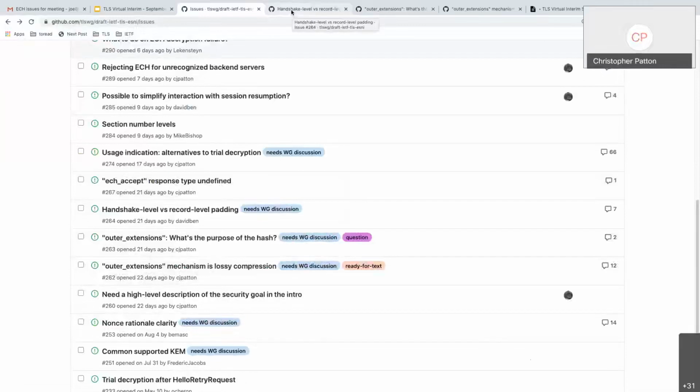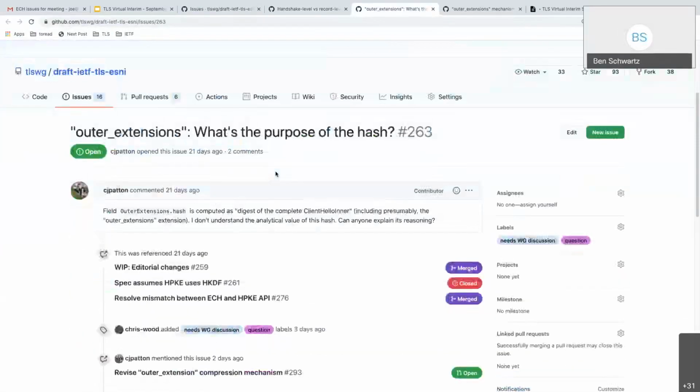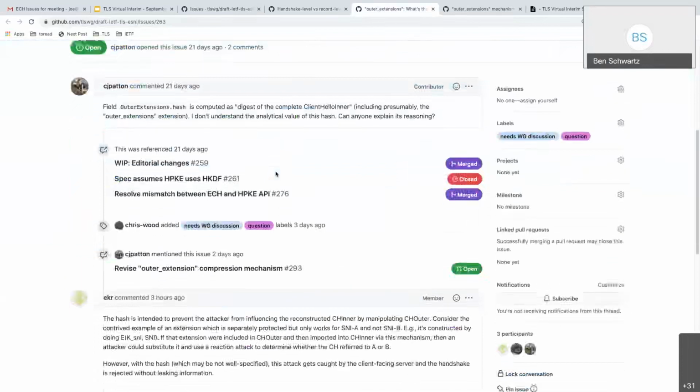Yep. Thank you. All right, can we go to 263 next? Ben Schwartz. On the topic of unsolicited padding extensions, I just wanted to ask, is there a way to implement the inner client hello padding using the unencrypted client hello padding extension, which would then be encrypted by ECH?